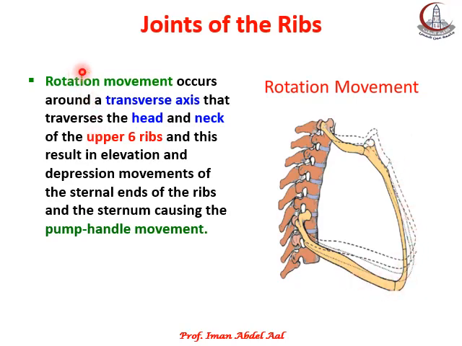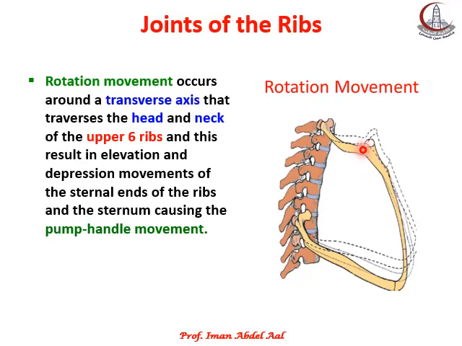The rotation movement occurs around a transverse, horizontal axis that passes through the head and neck of the upper 6 ribs: first, second, third, fourth, fifth, and sixth. This movement results in elevation and depression of the sternal end of the ribs.